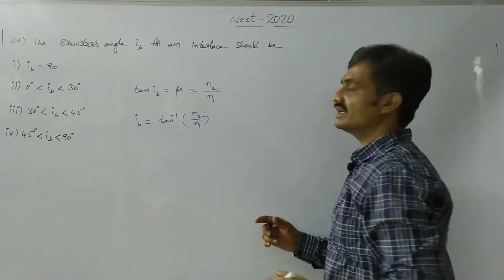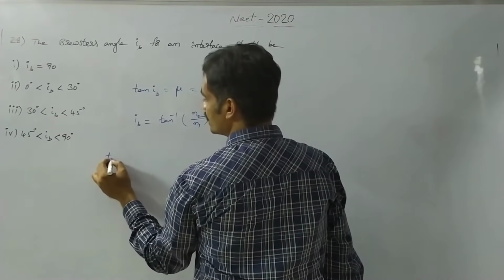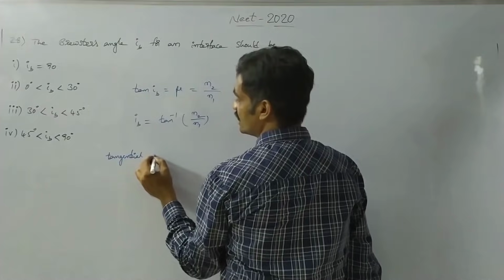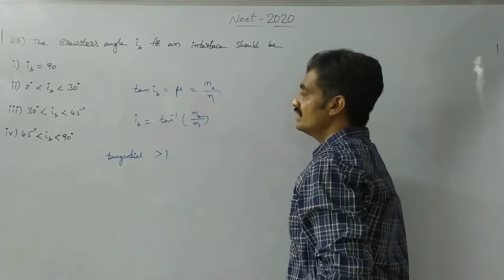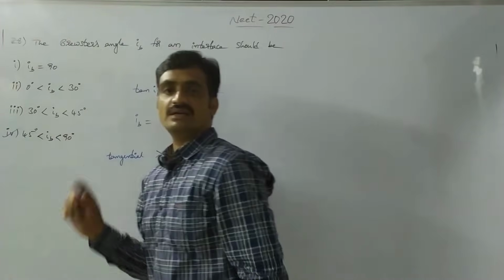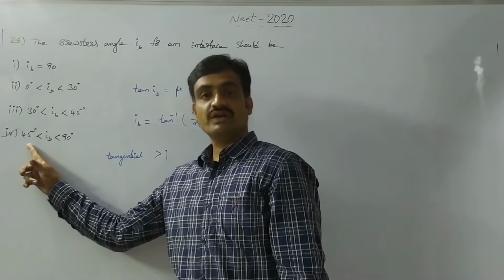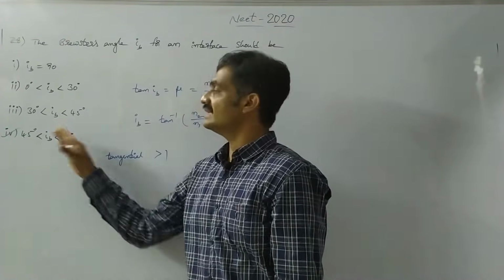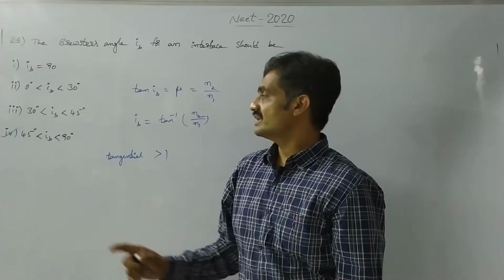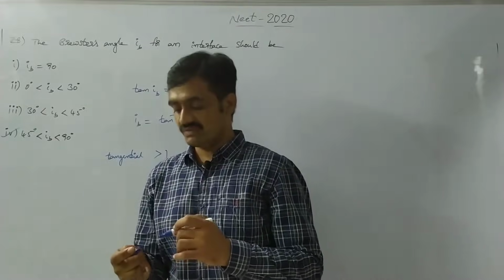So here tan i_B should be greater than 1. Of all the options, the fourth option will be correct, because tan 45 is 1. Less than that angle we cannot apply this Brewster's angle. So option is 4. Take a screenshot, we will continue.